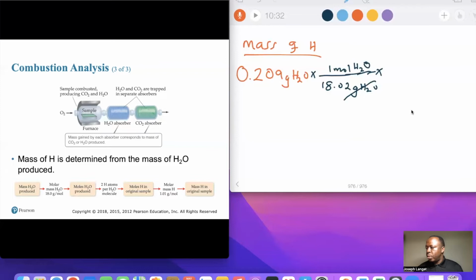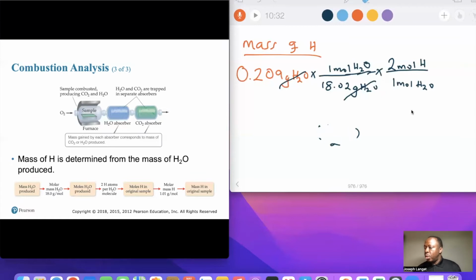Cancel grams of H2O with grams of H2O. We have moles of H2O. The ratio here is the mole ratio of atoms of hydrogen to H2O. So for 1 mole of H2O, there are 2 moles of hydrogen. You see, when I write this, for every 1 mole of H2O, there are 2 hydrogen.